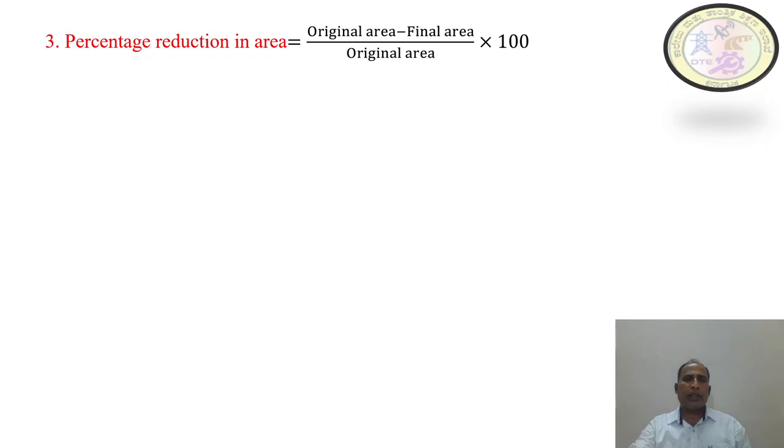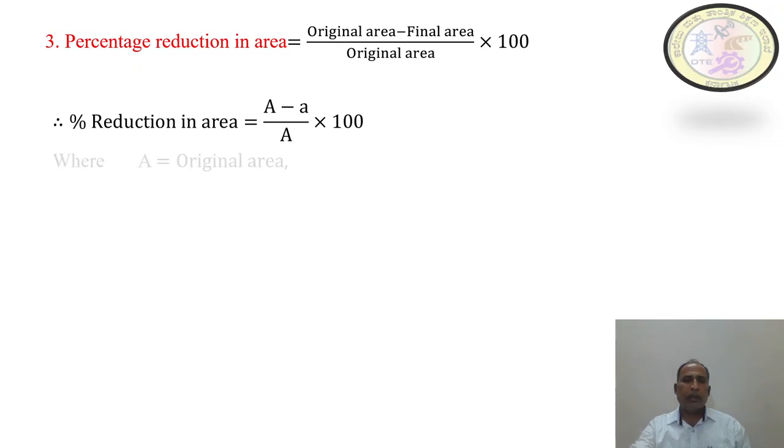Third one is percentage reduction in area, that is equal to original area minus final area by original area into 100. Therefore percentage reduction in area is capital A minus small a divided by capital A into 100, where capital A is the original cross sectional area and small a is the final area or the neck area or the area at the breaking point.